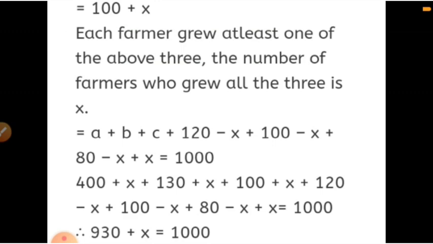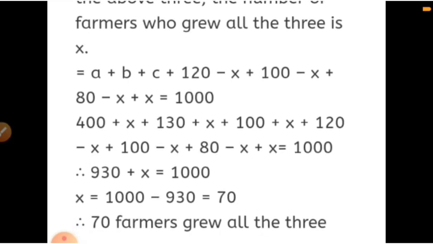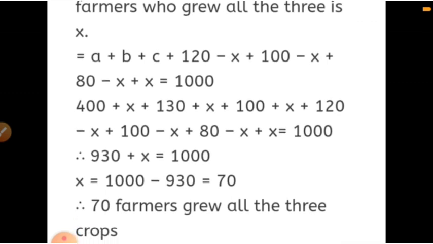That is equal to total number of farmers, which is 1000. That is 400 plus x plus 130 plus x plus 100 plus x plus 120 minus x plus 100 minus x plus 80 minus x plus x is equal to 1000.